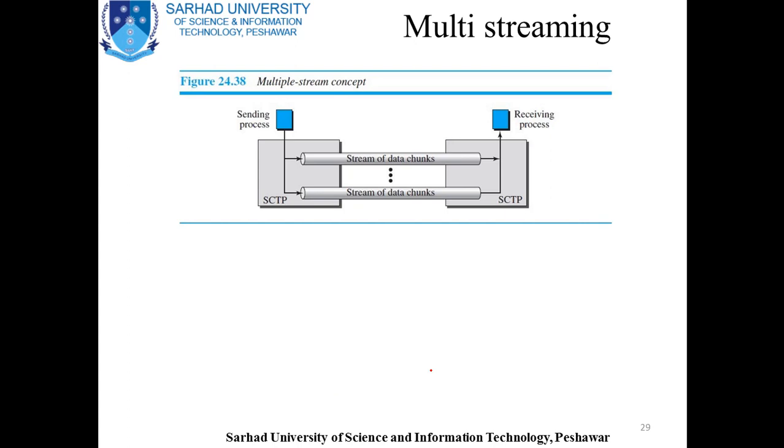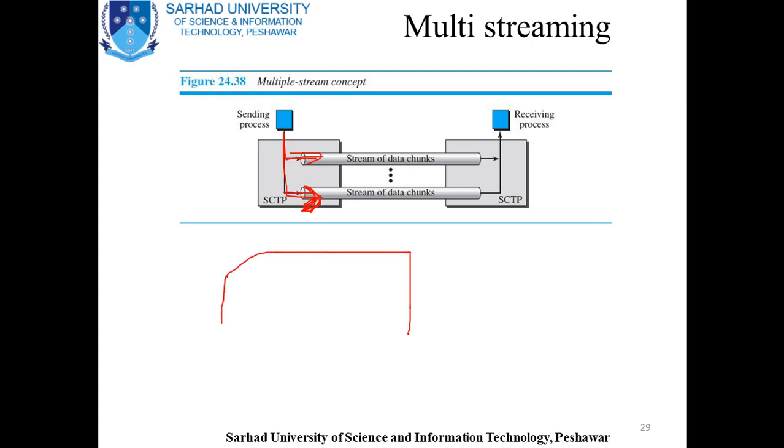So what is multiple streaming? If you are using the same process and you are transmitting multiple streams of data, audio, let's say video, you can achieve this by using SCTP. SCTP provides you multiple streaming, but the channels would be different. It should be kept in mind that you will be using different channels for different streams. Let's take an example.